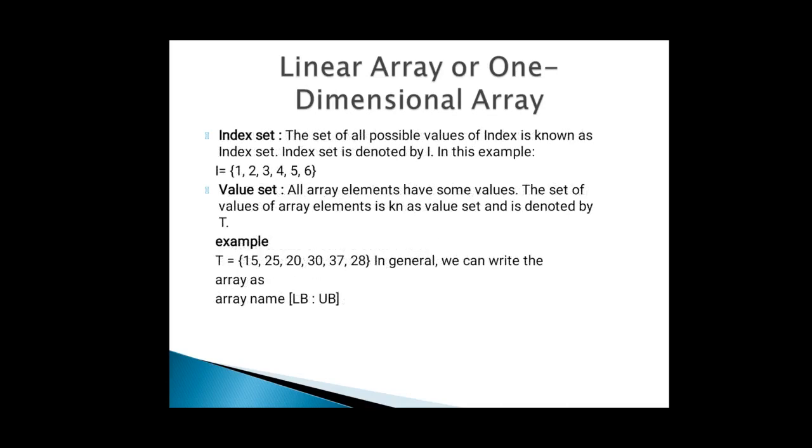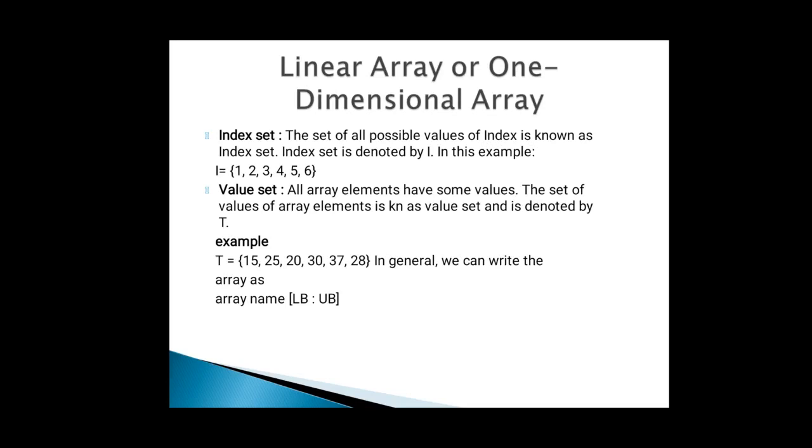Index set. The set of all possible values of index is known as index set. Index set is denoted by capital I. From the previous example, I is equal to 1, 2, 3, 4, 5, 6, because in the previous example, indexes start from 1 to 6. Value set. All array elements have some values.